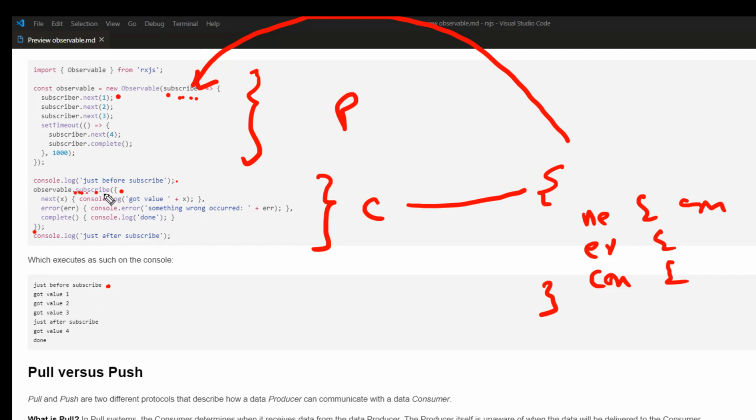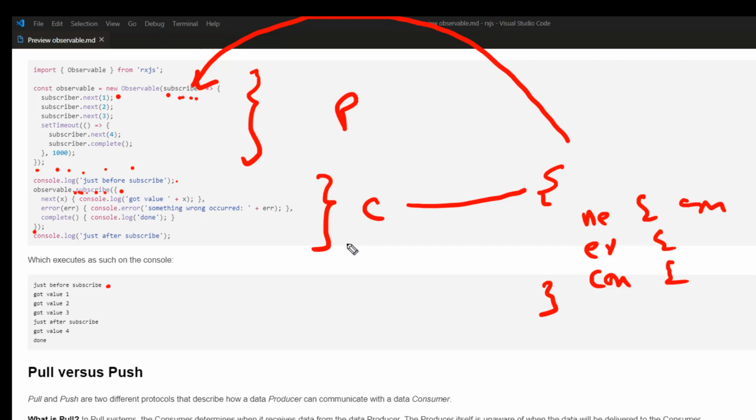This is the point where the start of execution happens. Till this point, the producer is just defining what the observable is, and it's set into this constant observable. After he calls subscribe and passes this object, at this point execution starts happening.